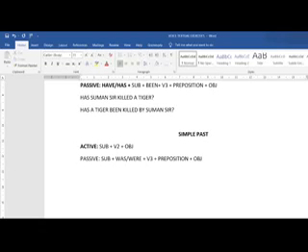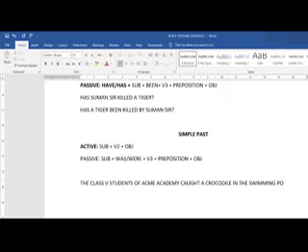So let me give you an example. Suppose I'm writing here: the class 5 students of Acme Academy caught a crocodile in the swimming pool.